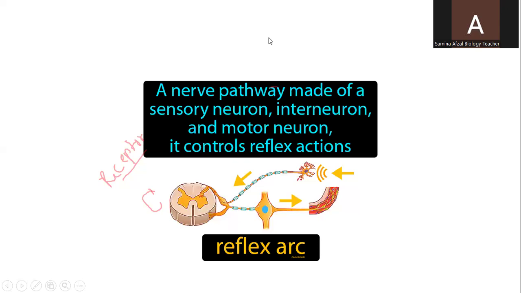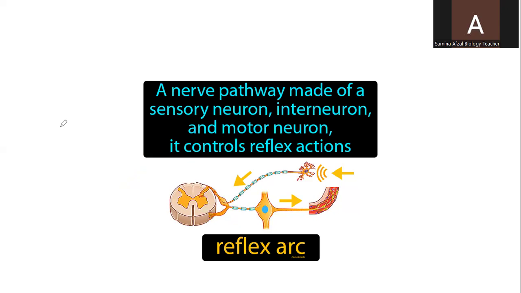Next is reflex arc. Reflex arc is actually a pathway which a nerve impulse travels when there is any message which is conveyed towards the central nervous system and towards the effector from the central nervous system.